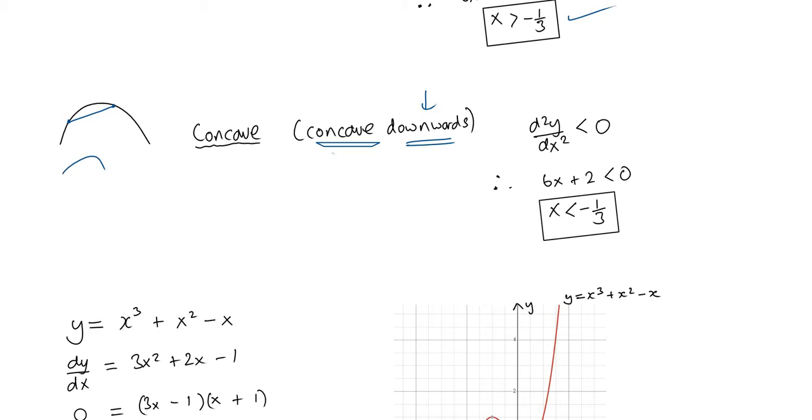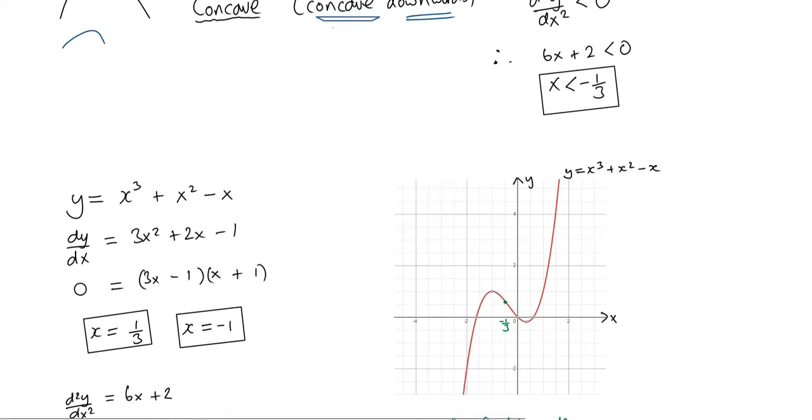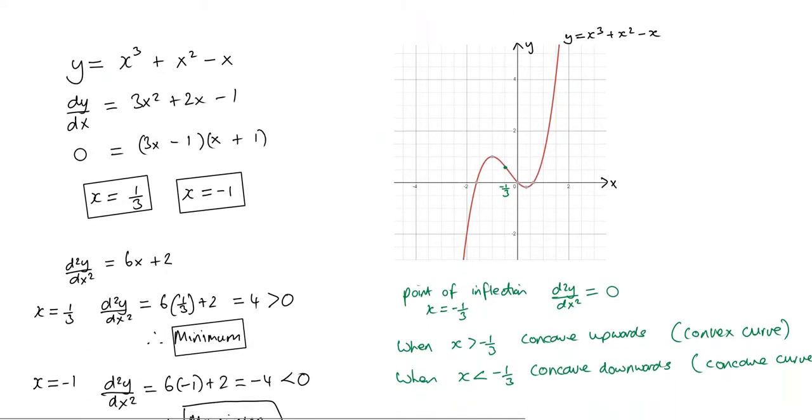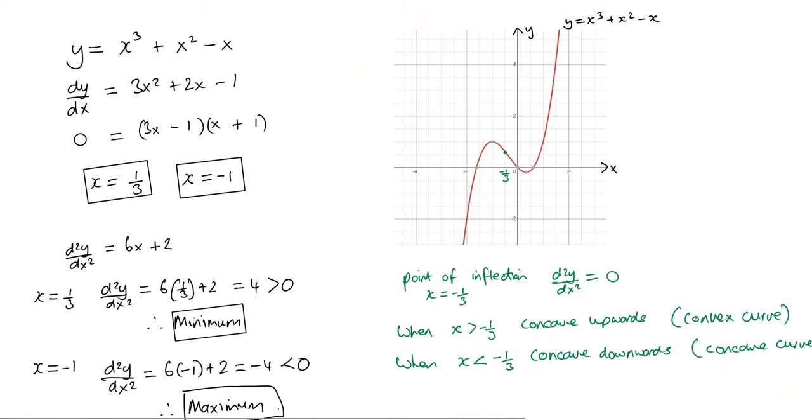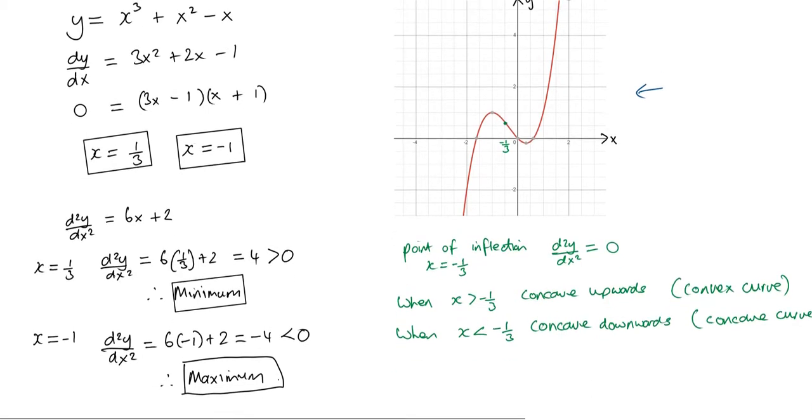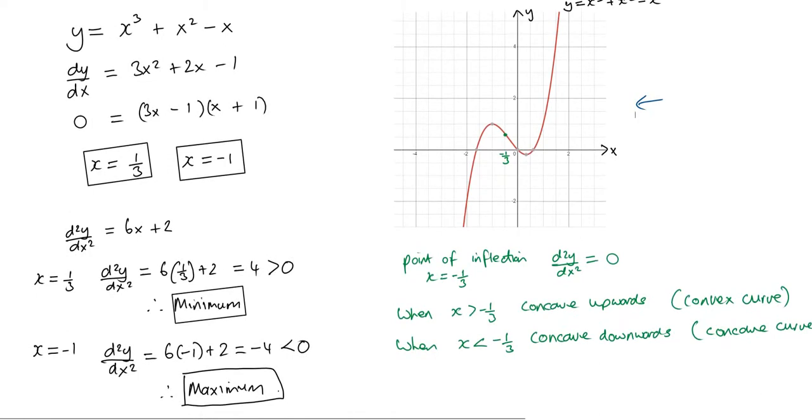So what's going on with this curve? Because we're looking at the shape of curves, I've plotted this curve on Desmos, and you can see what's happening here. I've done the calculations to find the maximum and minimum. You did this in the first year: finding when dy by dx is equal to naught, finding the x values, and then the second derivative.